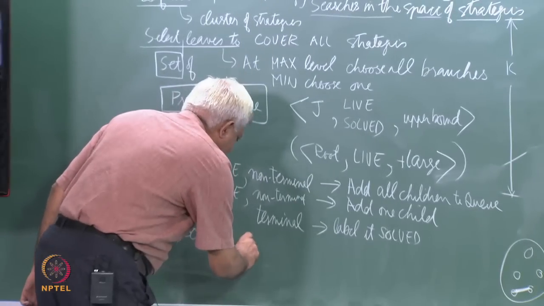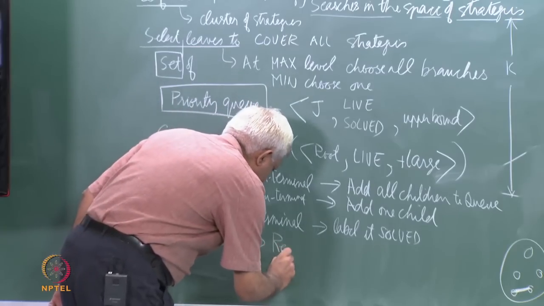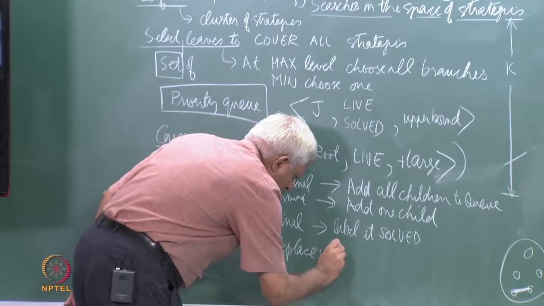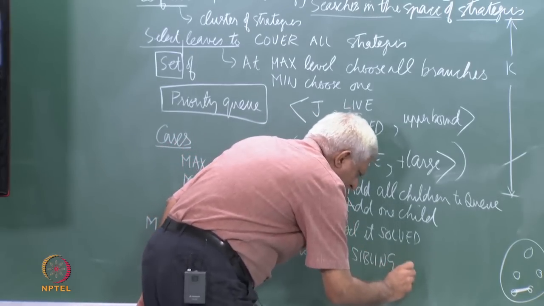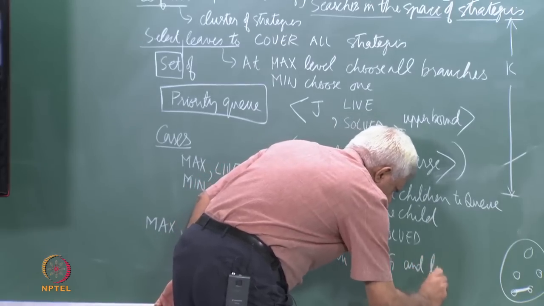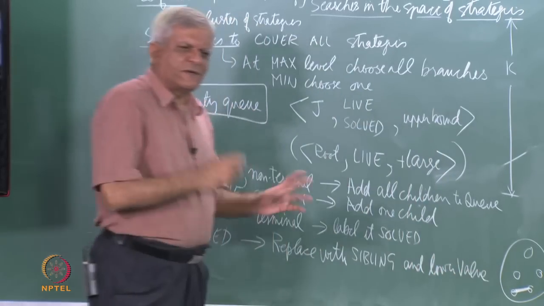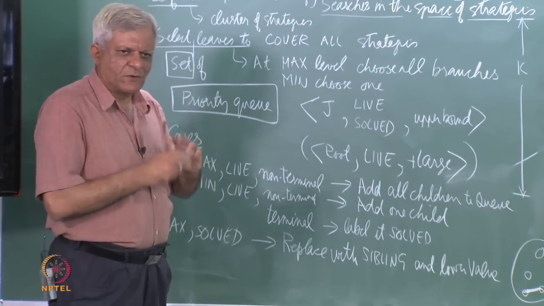So, they have these cases essentially. So, in case they have a sibling, you replace with sibling and lower value. Whichever the lower of the 2 values is, you give that value to that cluster.